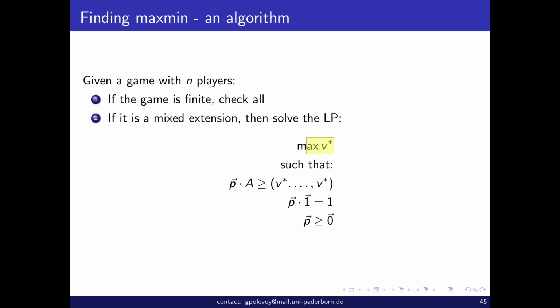It's not necessarily even a zero-sum game, but maximize V, the variable V, which is one variable, and also there is a vector variable, vector P. And P multiplied as a vector by matrix A from the left has to be at least the vector of V. So you may say it's V times some horizontal vector of 1.